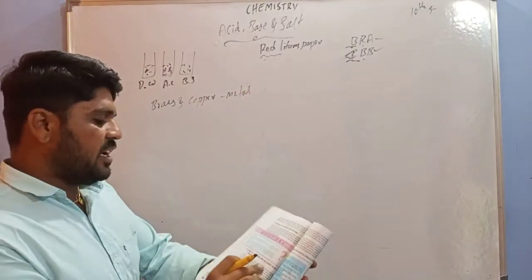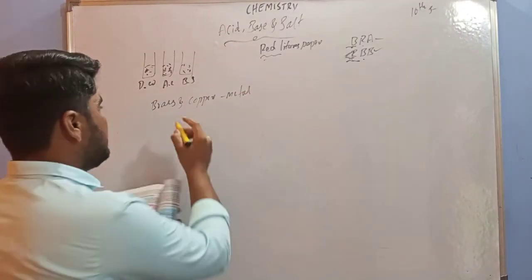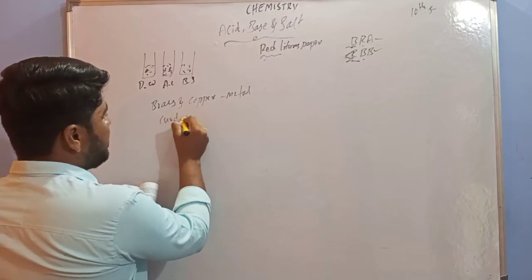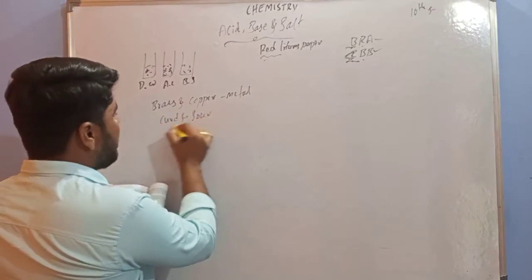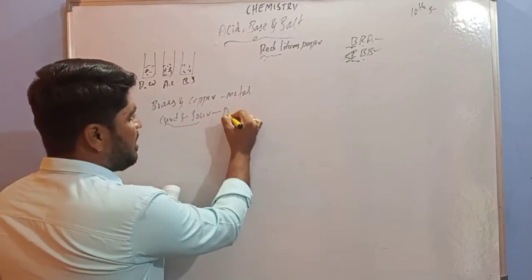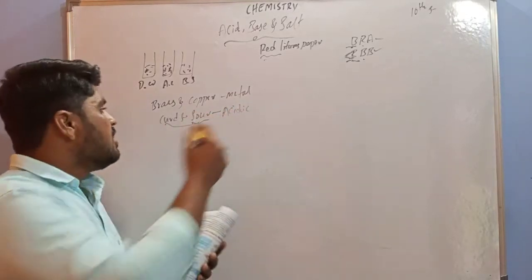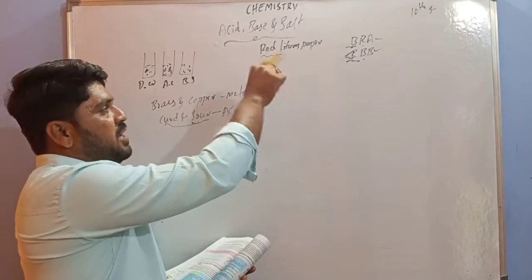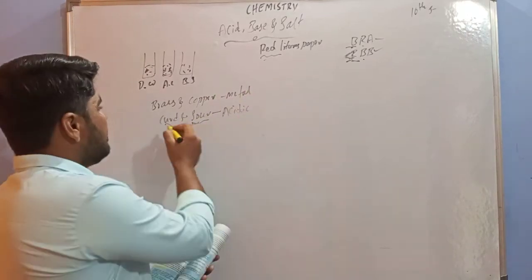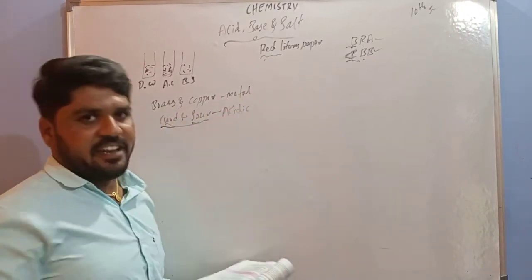And curd and sour substances are acidic in nature. Acids are sour in taste, bases are bitter in taste. This curd is also acidic in nature.